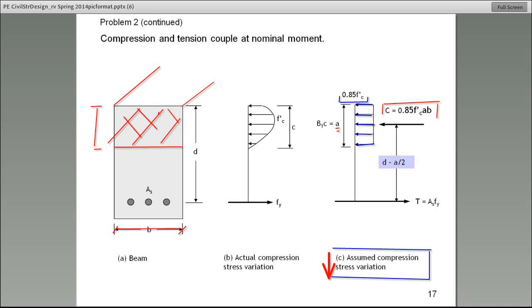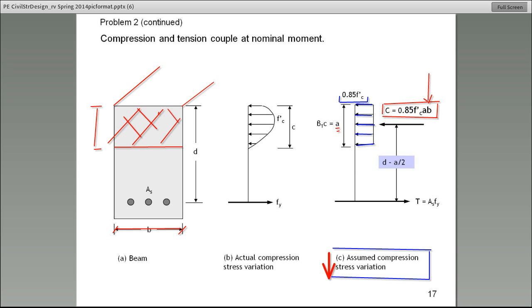So there it is. The total compressive force is equal to 0.85 F prime C, that's the stress, times the area over which it's acting, which I just showed you, that is A times B. Guys, this is the second or third step that you do because that's always the same.